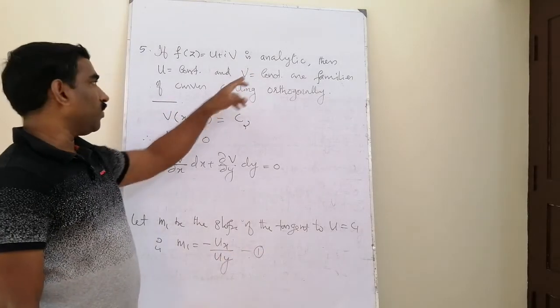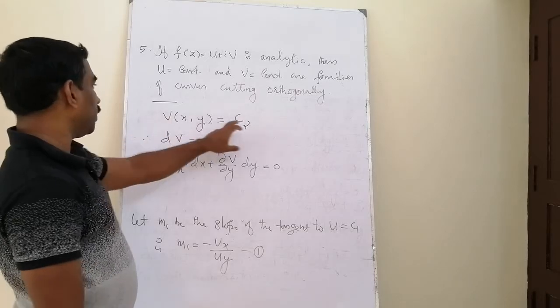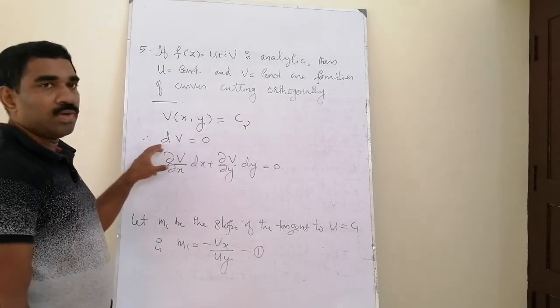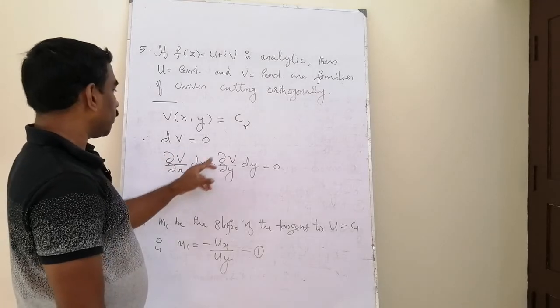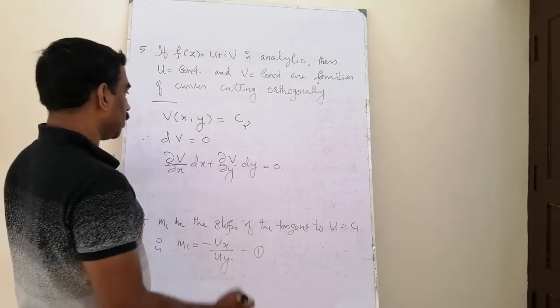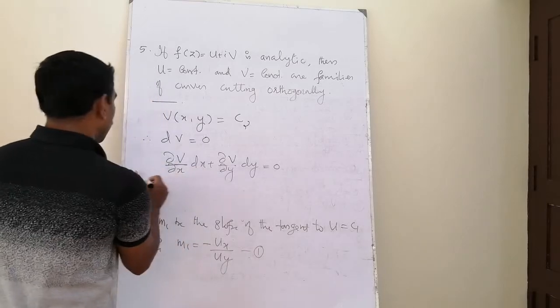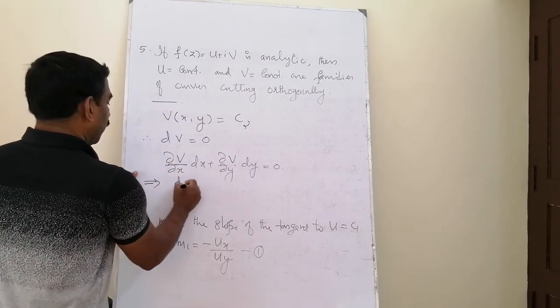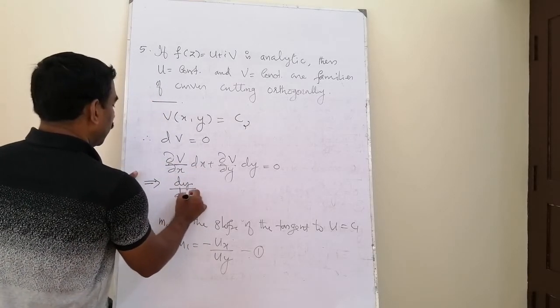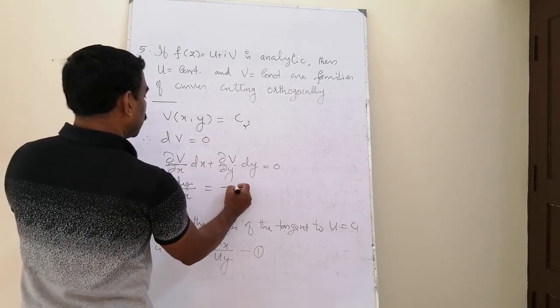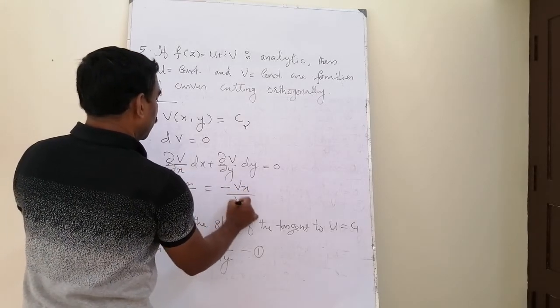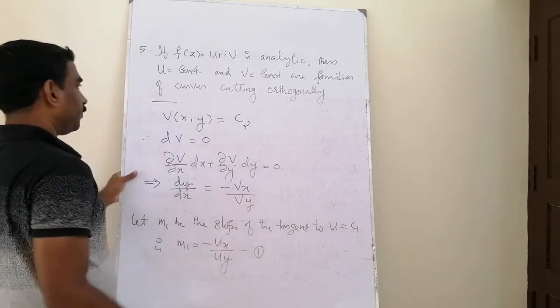Similarly, consider another family of curves, v equal to a constant, that is v(x,y) equal to c2. Therefore dv is equal to 0. So the total derivative ∂v/∂x dx plus ∂v/∂y dy is equal to 0, from which we find dy/dx on the second family of curves as minus vx divided by vy.